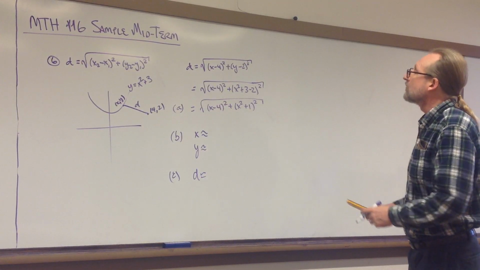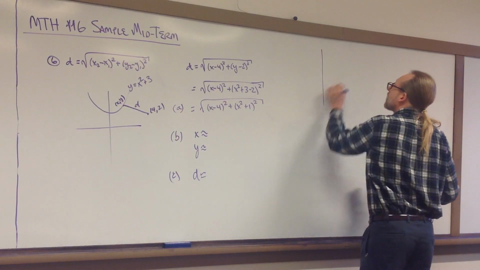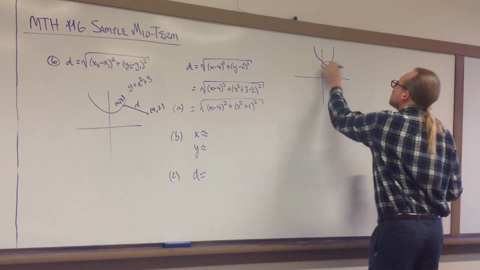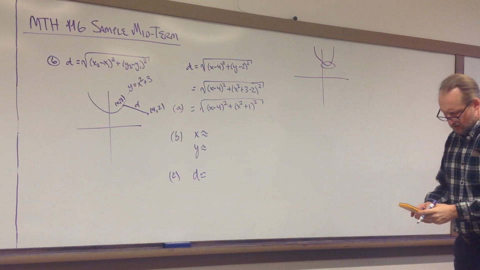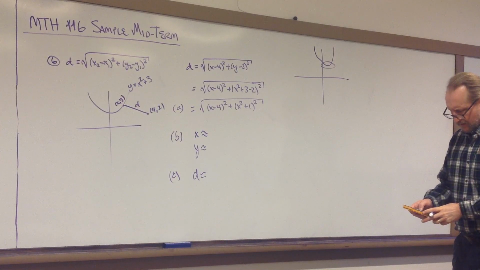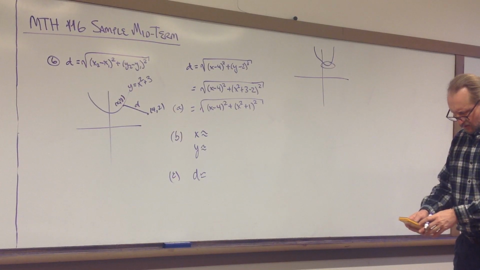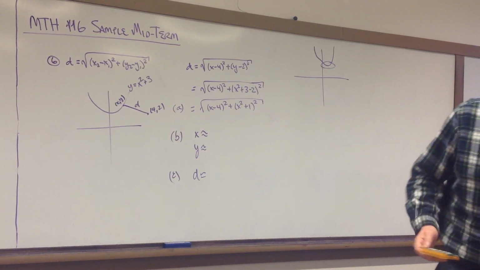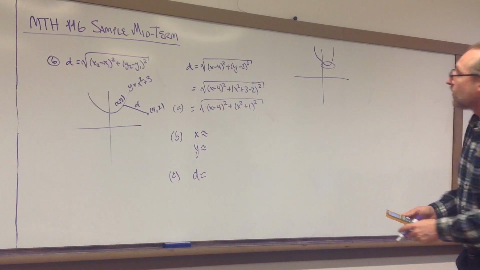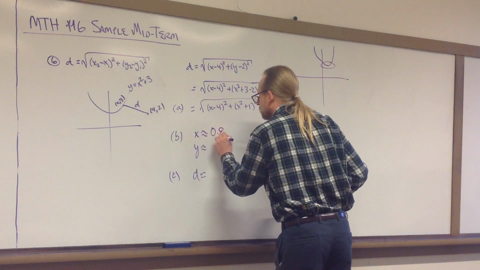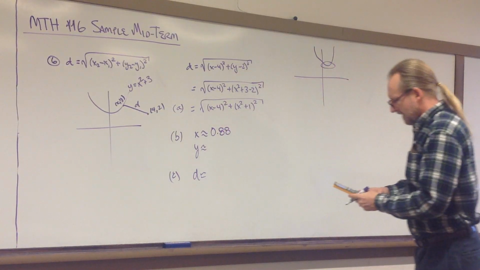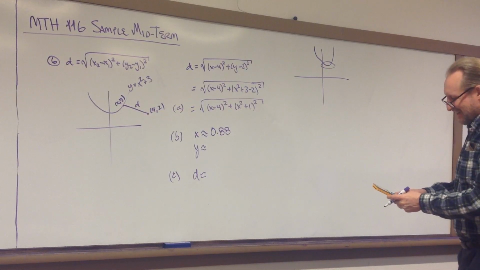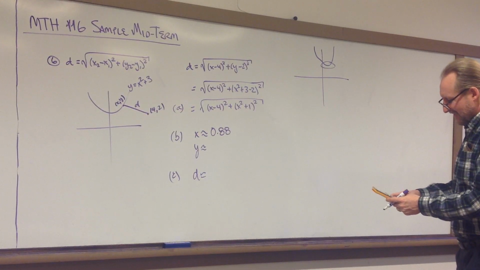So let's look in the standard window, see what it looks like. Something along these lines. So our minimum is going to be right in there. Let's go in and find out what that is. So the x is, let's see, did I put any rounding on here? Nearest hundredth. So this is going to be 0.88 on the x. And then, darn, I lost the distance before I exited out to calculate the y.